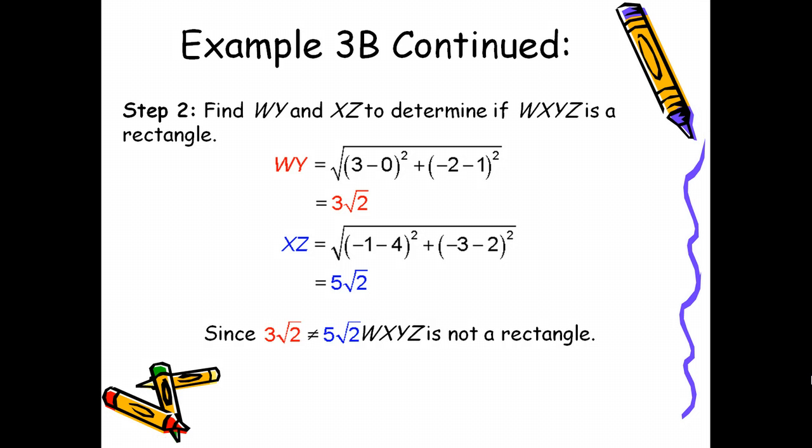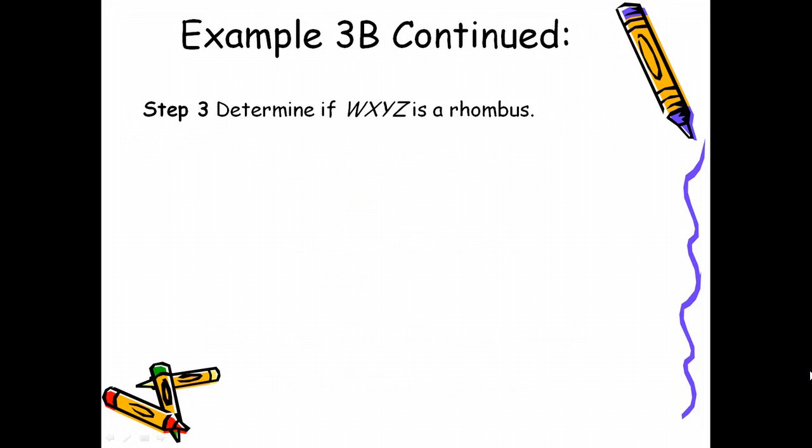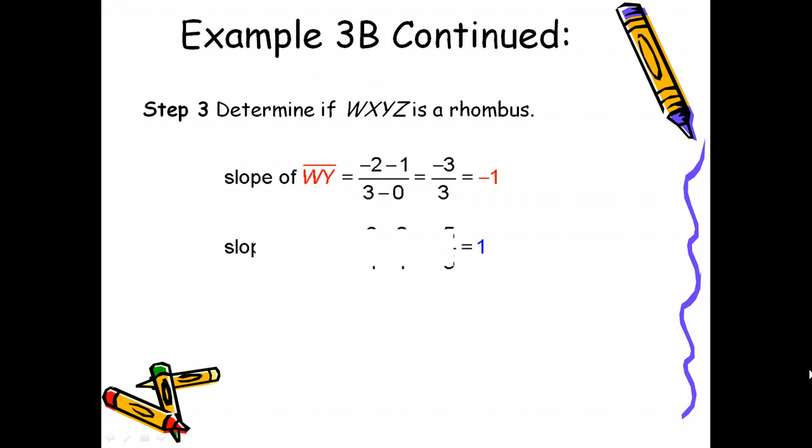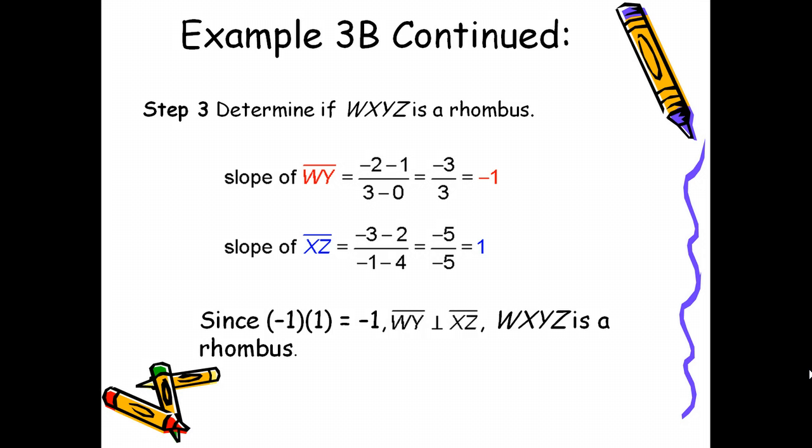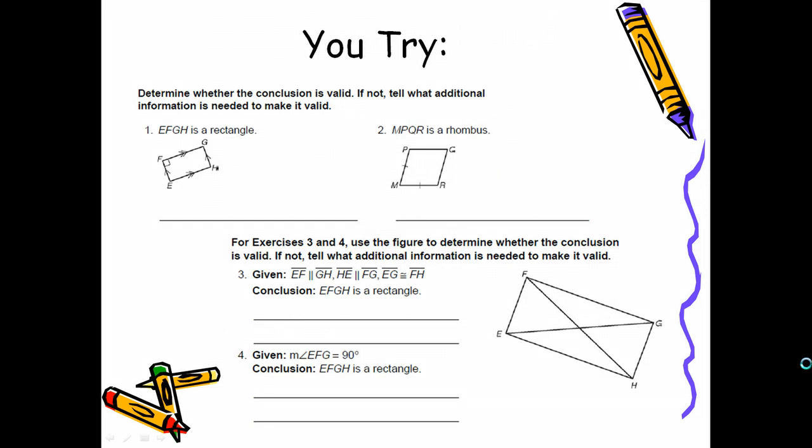Since they are not equal, not congruent, then it is not a rectangle, because the diagonals are congruent in a rectangle. Thus, it is not a square. Well, is it a rhombus? If we look at the slope of WY, we get negative 1, and the slope of XZ is positive 1. That gives us a negative 1 result, which means they're opposite reciprocals, which means that the diagonals are perpendicular, and WXYZ is a rhombus.